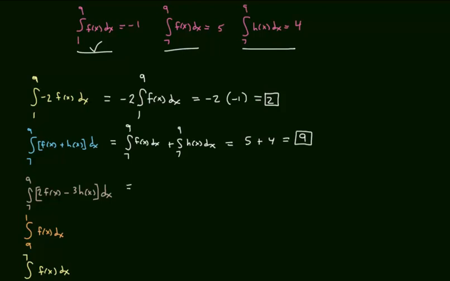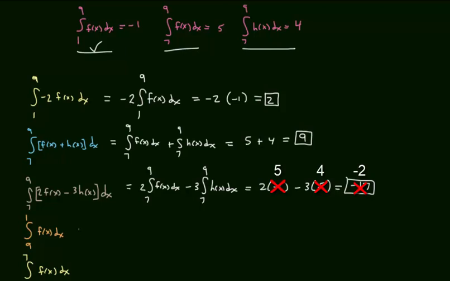The third one is just a combination, 2 times the integral from 7 to 9 f of x dx minus 3 pulled out of the integral from 7 to 9 h of x dx, and that of course is 2 times -1 minus 3 times 5, which equals -17.